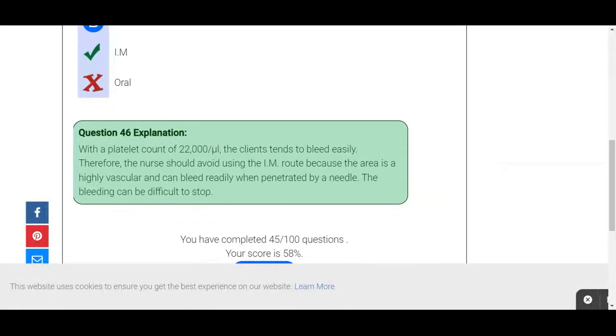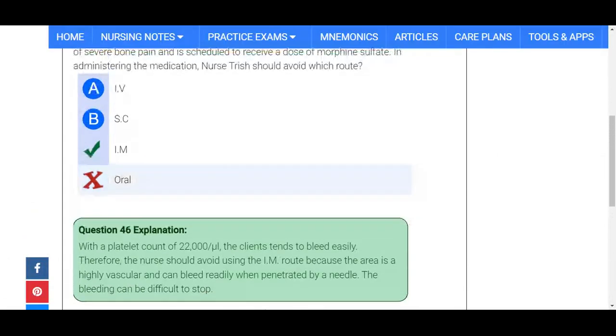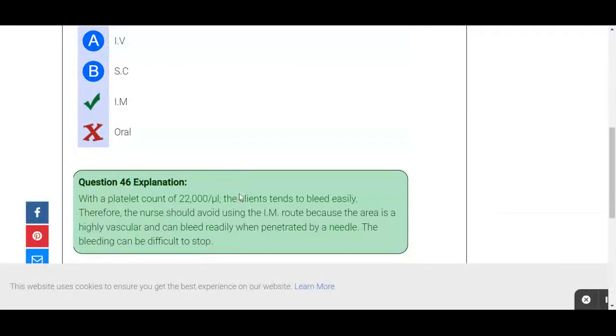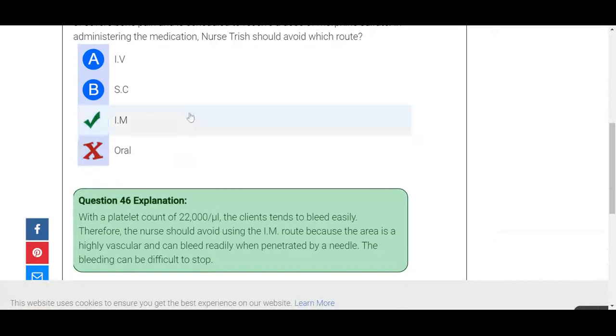Therefore, the nurse should avoid using the IM route because the area is highly vascular and can bleed readily when penetrated by a needle. The bleeding can be difficult to stop. That is right. So we take note here of the platelet count of 22,000. So there's a risk for bleeding at IM.